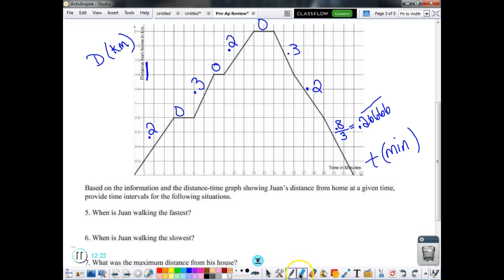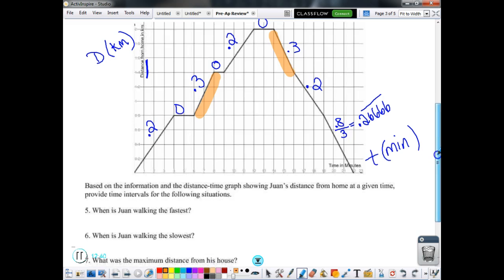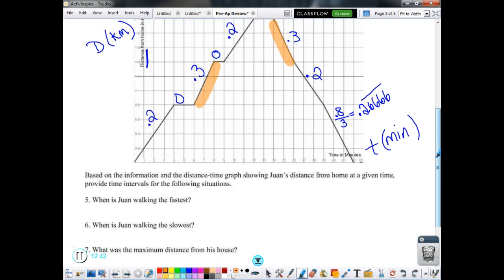So the fastest would be from here to here and then here to here, right? You have to include both, okay? Because he's traveling the same speed at both of those intervals. So it would be from 6 to 8, right?